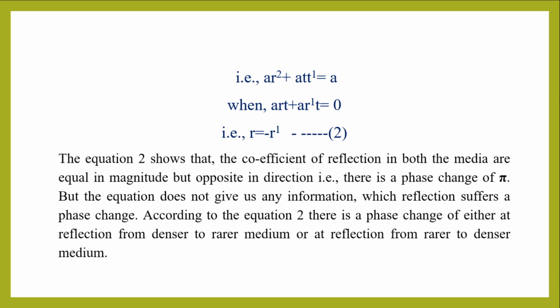But the equation does not give us any information about which reflection suffers a phase change. According to the equation 2, there is a phase change either at reflection from denser to rarer medium or at reflection from rarer to denser medium.